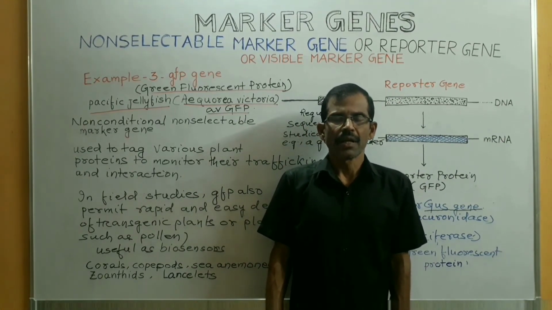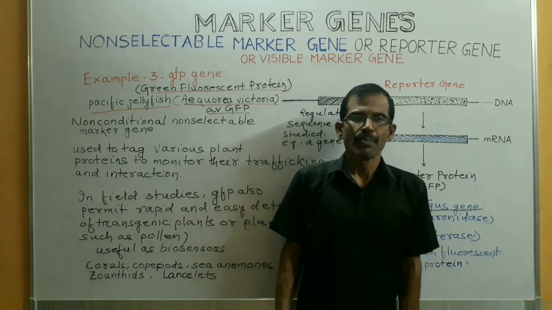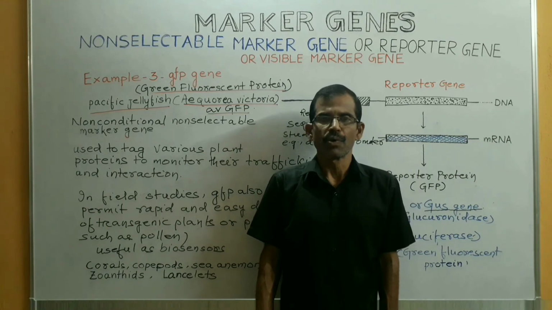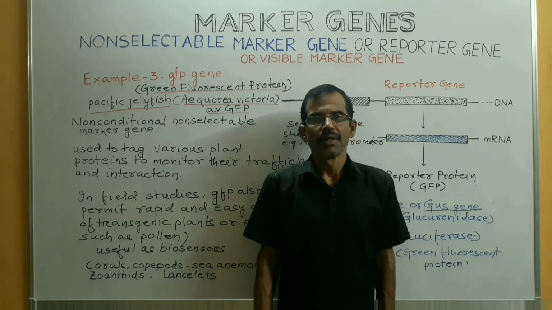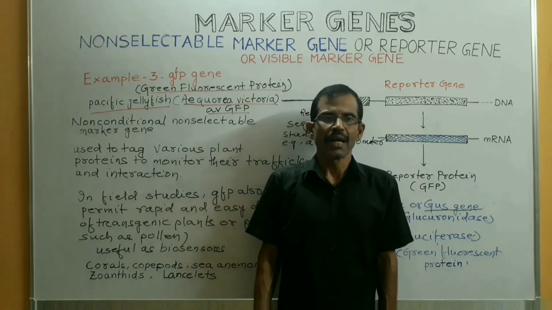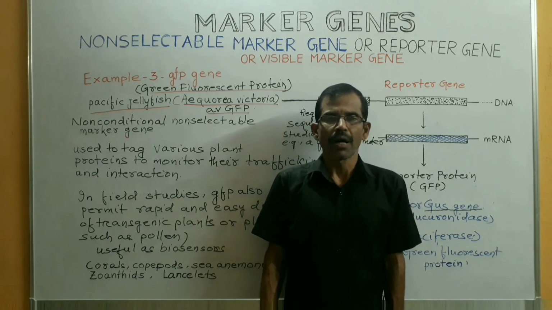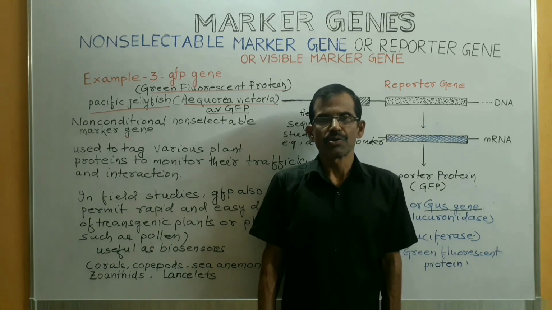The GUS gene and LUC gene are examples of conditional non-selectable marker genes or reporter genes, whereas GFP is an example of a non-conditional, non-selectable marker gene or reporter gene.